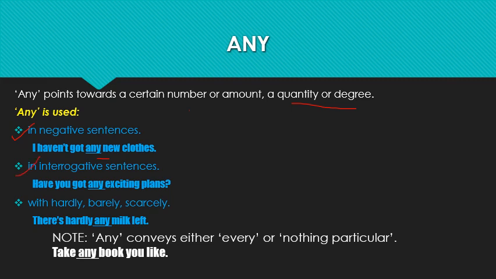Interrogative sentences, when you want to ask a question and you're not sure about the answer, in that case you use any. Have you got any exciting plans? Or with hardly, barely, scarcely. There is hardly any milk left.